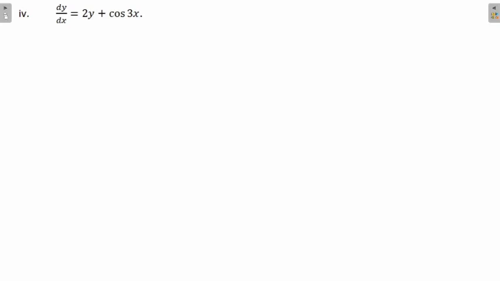So all of you know that the general form of a linear differential equation is dy by dx plus Py is equal to Q, where P and Q are either constants or functions of x, isn't it? So let me represent this in this way.